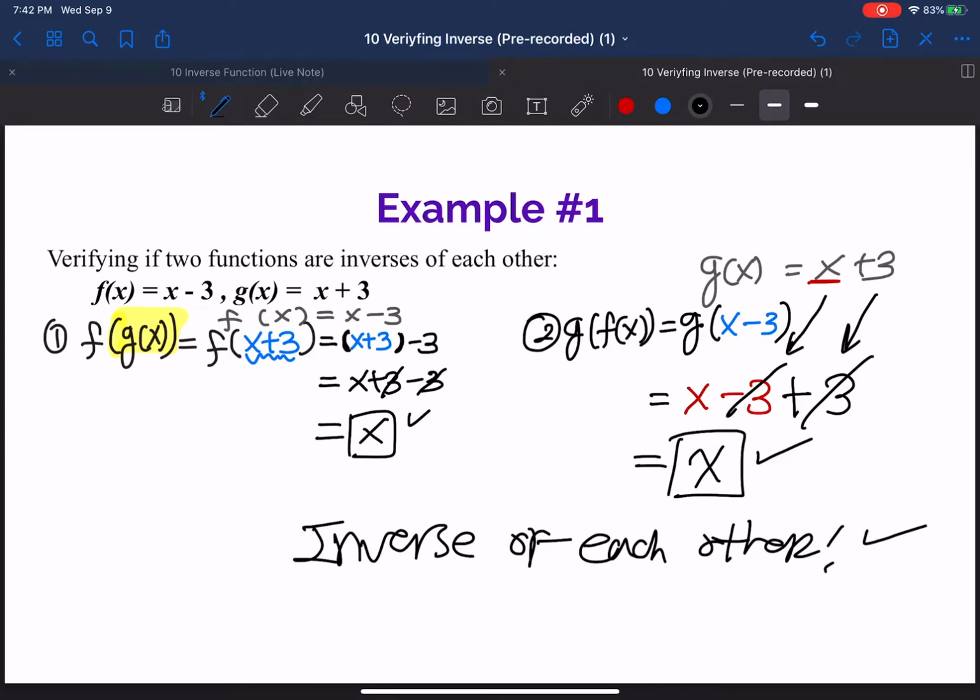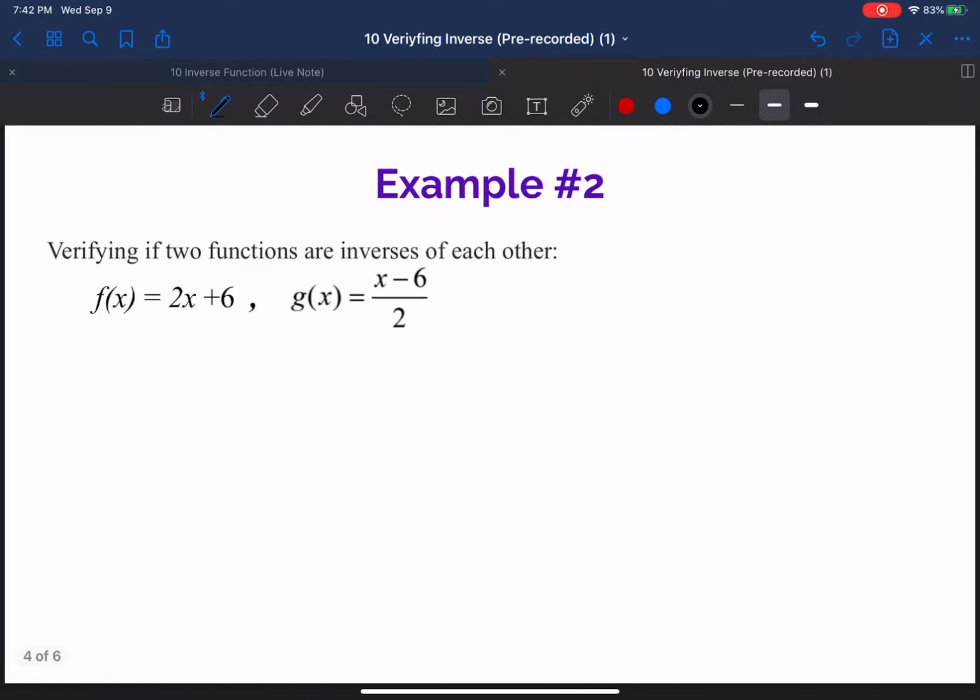Okay, let's do number 2. This is your last problem. It's a little bit more complex because of the fractions, but it's the same concept. So I'm going to find f of g. My g of x is a fraction, x minus 6 over 2, right?